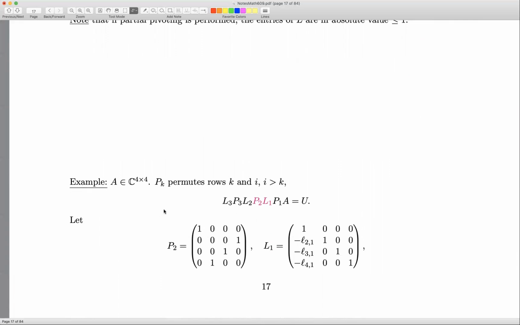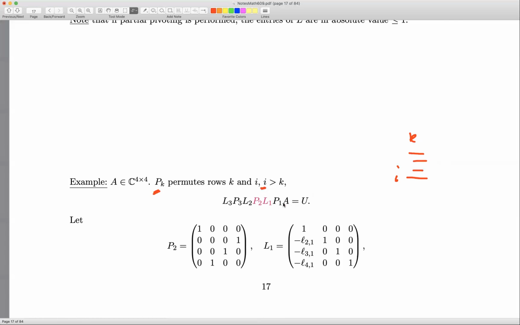So if we have a 4x4 matrix, let P_k denote the matrix that is doing the permutation that permutes row k and row i, and we said that every time we need to do a permutation, i is strictly bigger than k, because we permute row k with a row i that stays somewhere below row k.